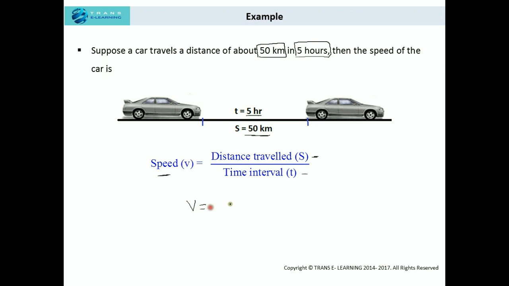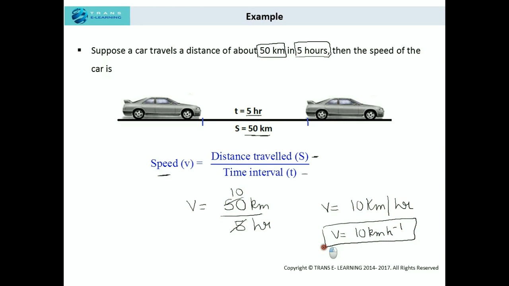So the speed will be 50 kilometers upon 5 hours. And if I divide, the speed will come out to be 10 kilometers per hour. This means that this car travels 10 kilometers in 1 hour.